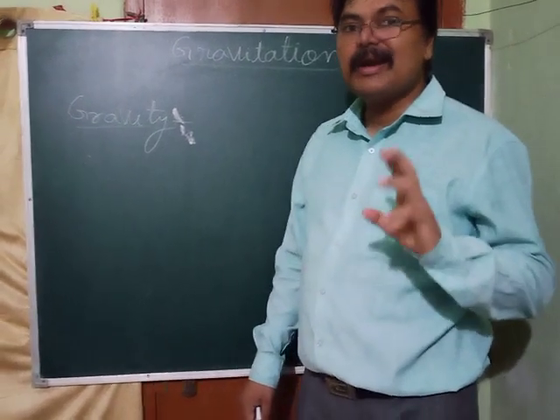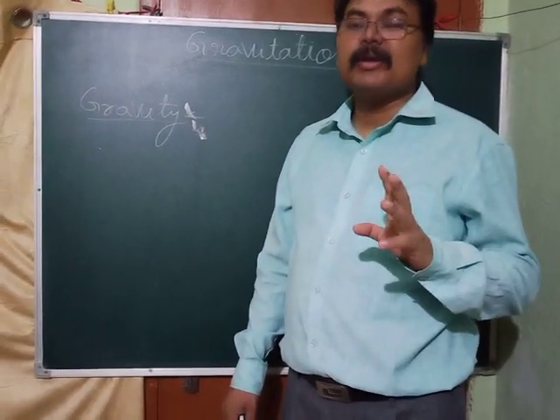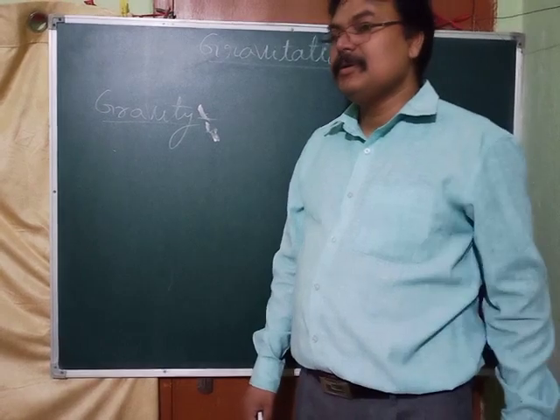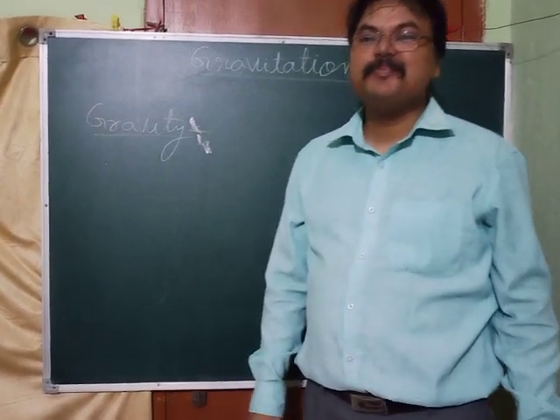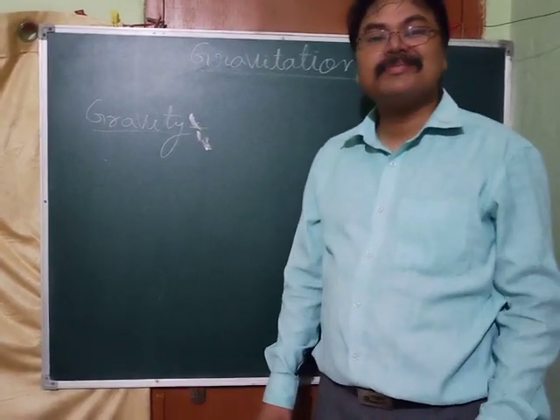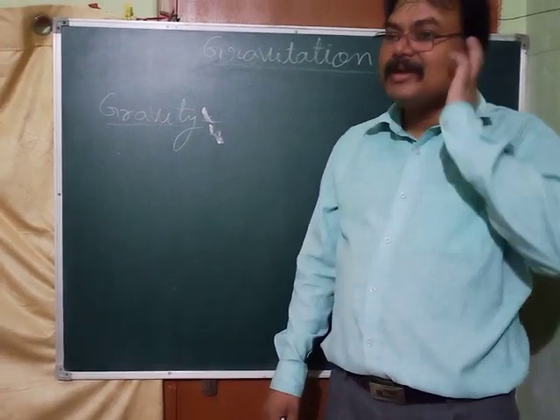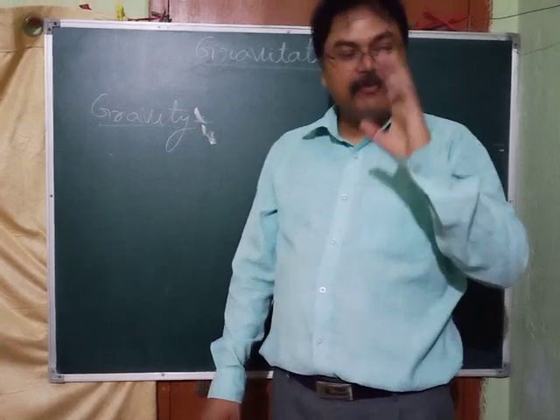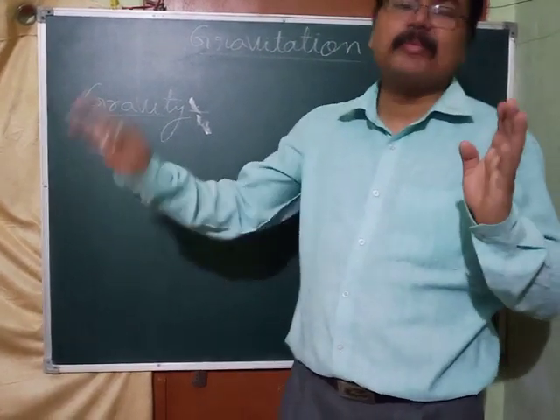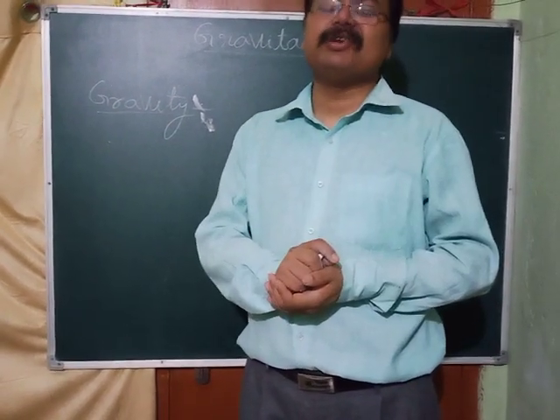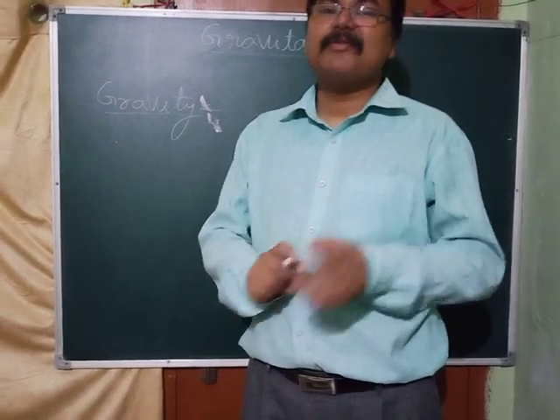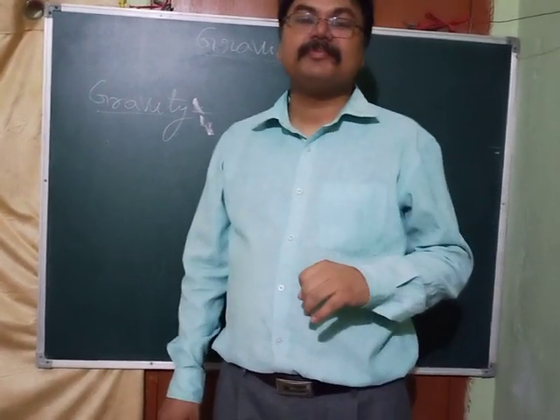For example, gravity of earth, gravity of moon. So it is gravitation only, but if one body is a heavenly body and another is any other body, then we call it gravity. So gravity is nothing but gravitation.